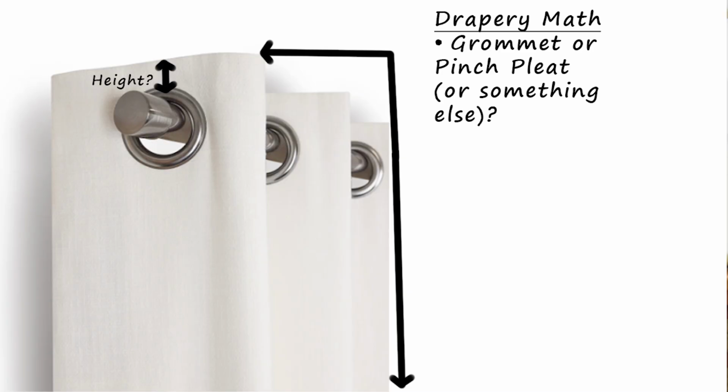So now we need to know how far above the rod the material will go and if that particular manufacturer will take that into account when we give them our measurement. Typically they do. So our measurement will significantly increase, which is why you often get cheaper drapes made in bulk from big box stores and hang them on the wall, only to find they are much shorter than what you anticipated.